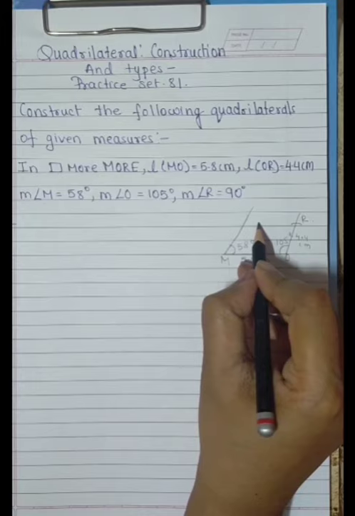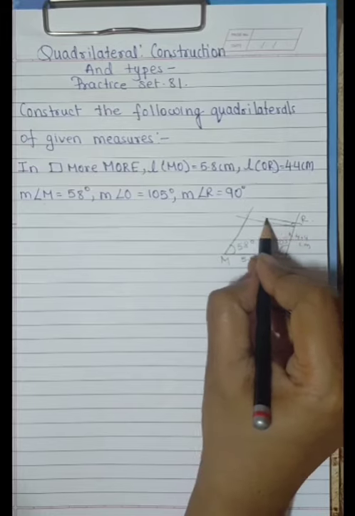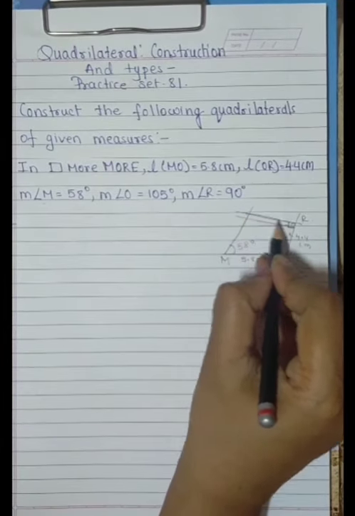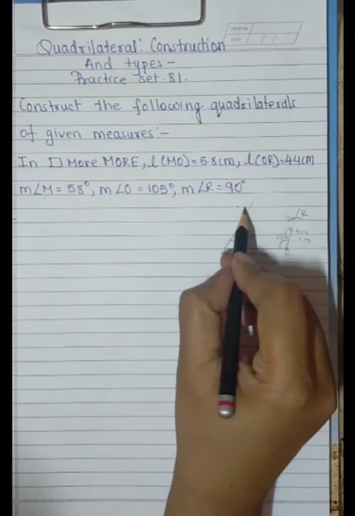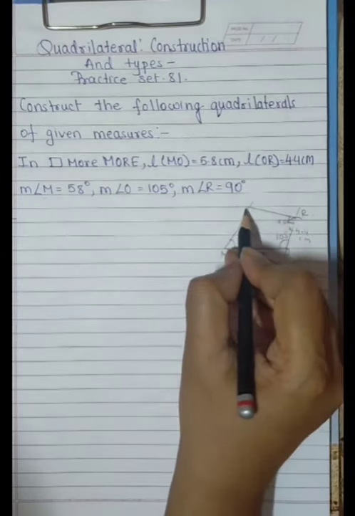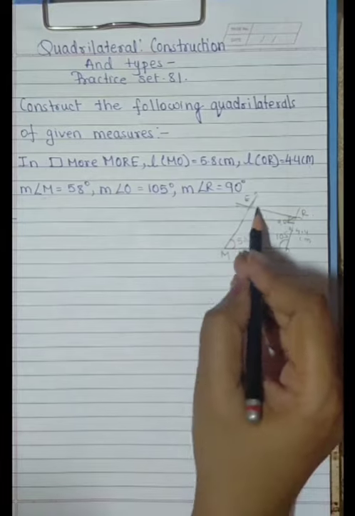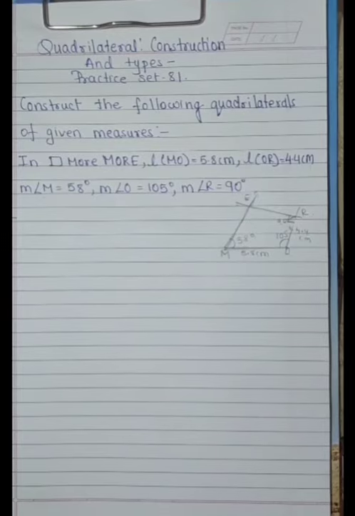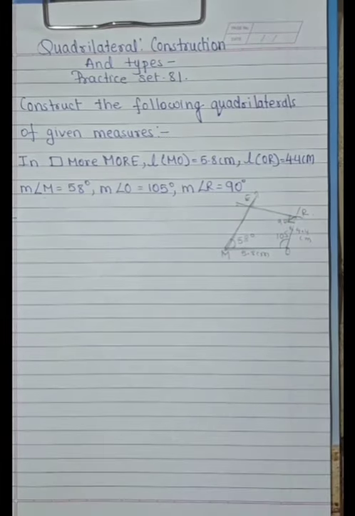So on this point we'll take measure angle R as 90 degree, which will join E. So this is our rough figure of MORE.